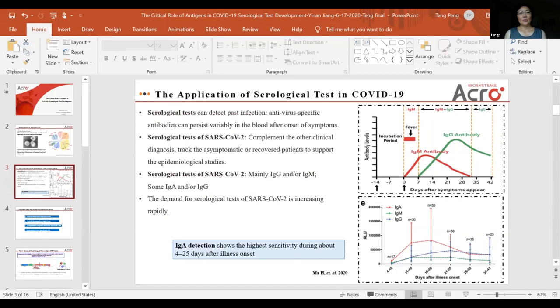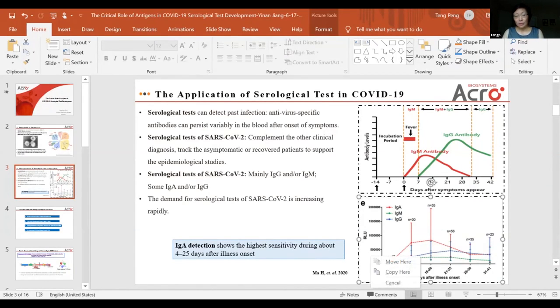And the serological tests of SARS-CoV-2 can complement other clinical diagnosis and help track the asymptomatic and recovered patients to support epidemiological studies.